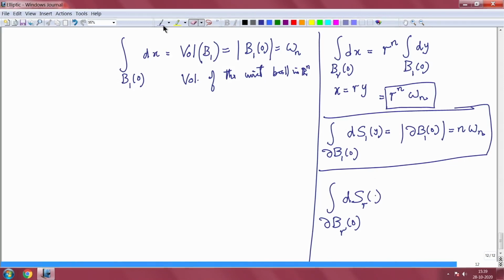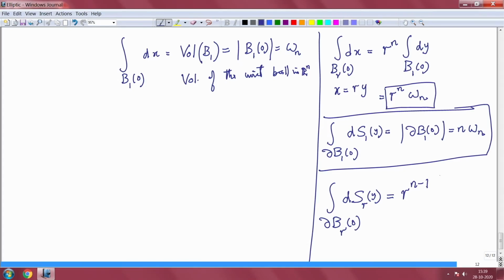So, you already have ds of y. In the earlier case, you got r power n omega n, here you will get r power n minus 1, because you are only integrating with respect to the surface, and the surface is an n minus 1 dimensional object.